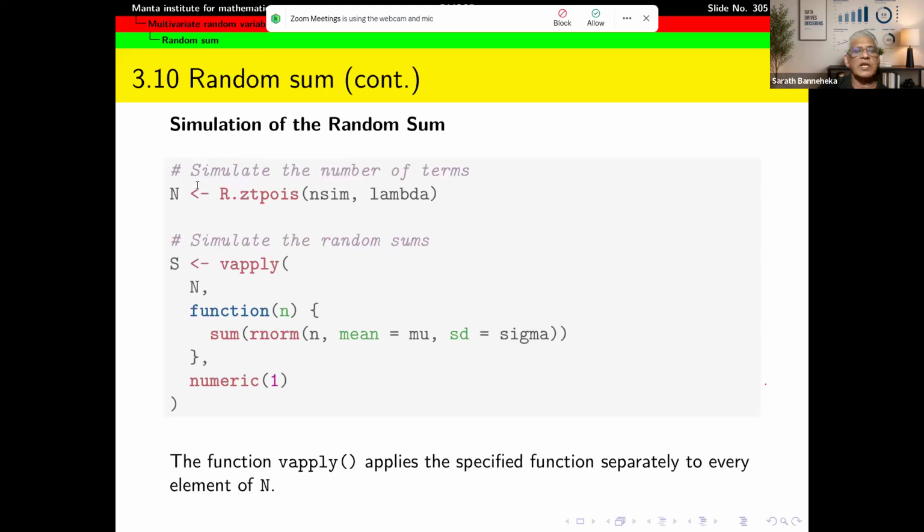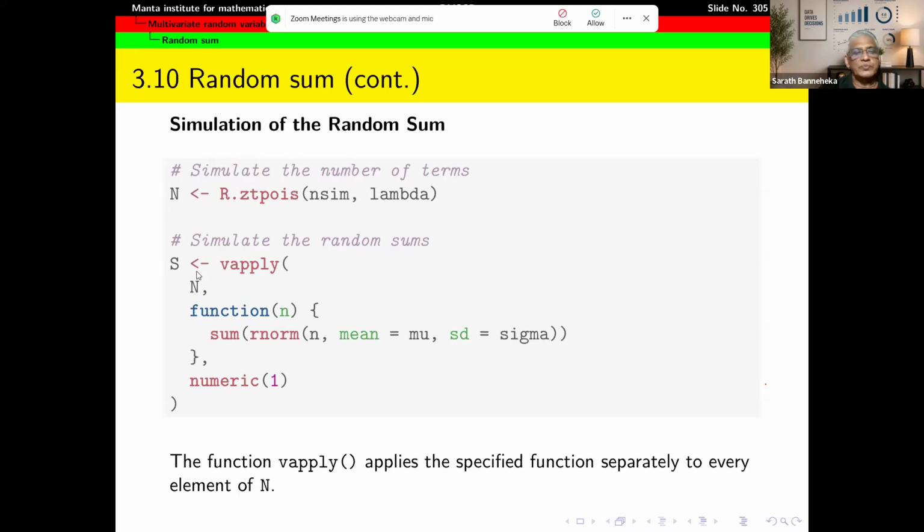So I generate, using that previous function, n sim number of random numbers with the given lambda value, and put them in capital N. So therefore, 10,000 capital N values. In the first sum that I'm going to consider, it will consider n1 number of random variables, each normal. And in the second sum, it will consider n2 number of random variables, each normal, and so on.